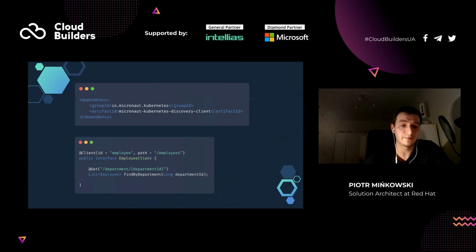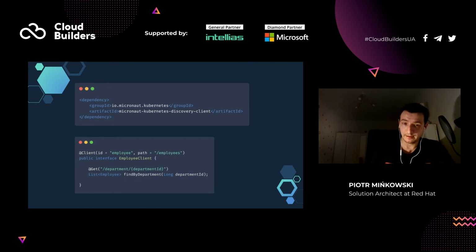And the same as for Spring Cloud, we can also use integration with Kubernetes Discovery, so we may communicate directly to pods using the name of the service, the name of the application, in this case employee.